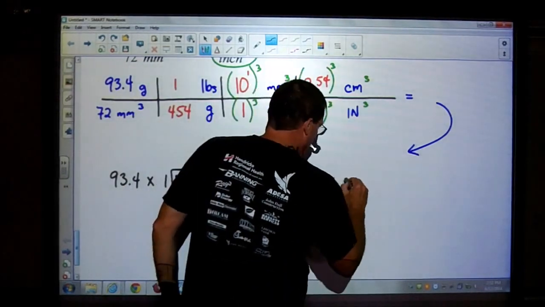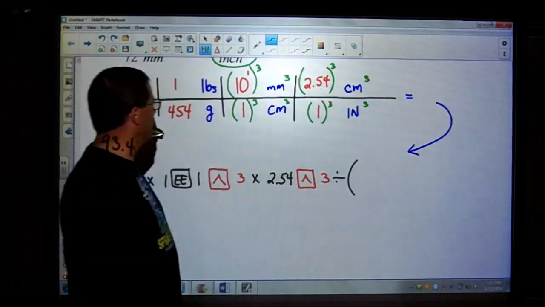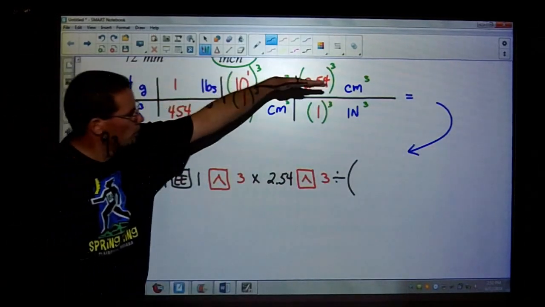All right, divided by, open up the parentheses, so we have everything on top multiplied.